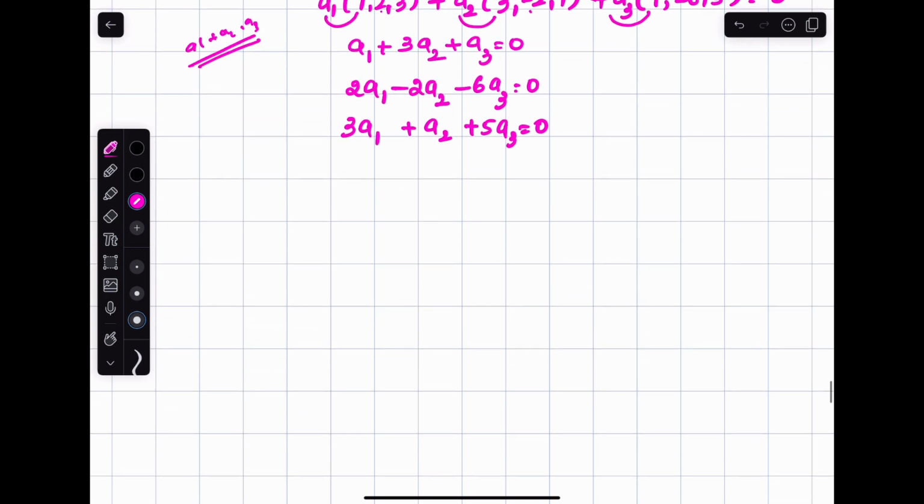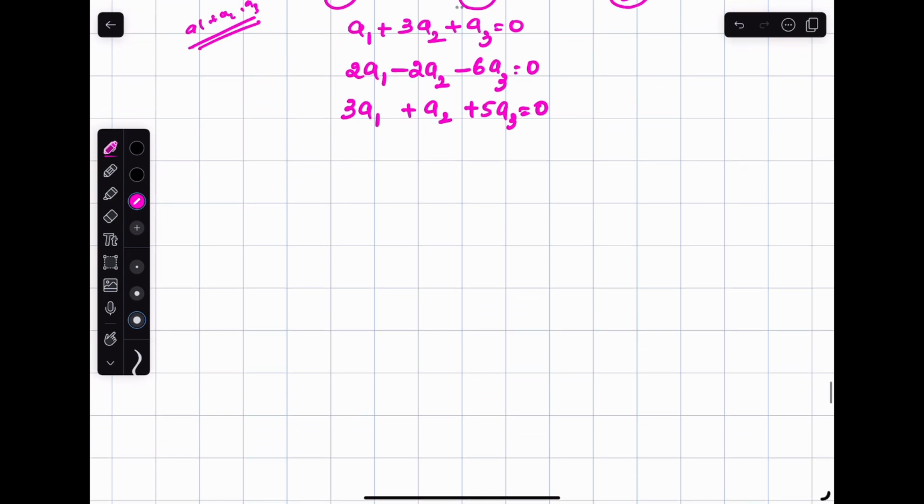It is very clear these equations are not in reduced row echelon form, so we will do that. I will write directly the augmented matrix: 1 3 1, 2 minus 2 minus 6, 3 1 5, with 0 0 0.